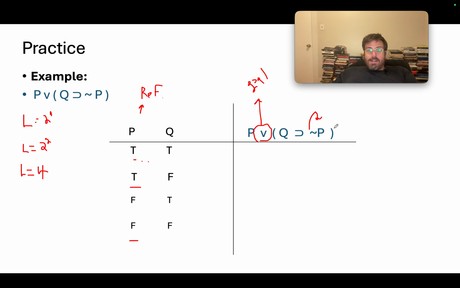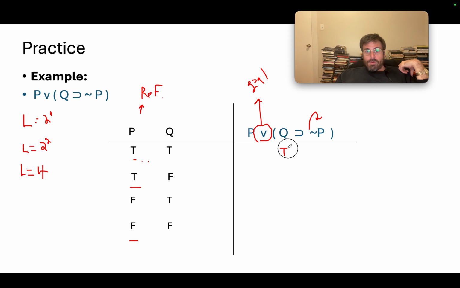So we have to find ultimately the values for horseshoe. So what we're going to do in order to find the values for horseshoe is plug in from our reference tables the values for Q and the values for not P. So let's start first with Q, since this is our antecedent. I see over here under Q, the first value on the first row is true. So I'm going to plug that in.